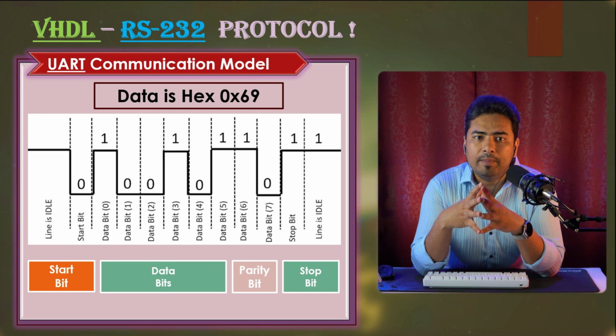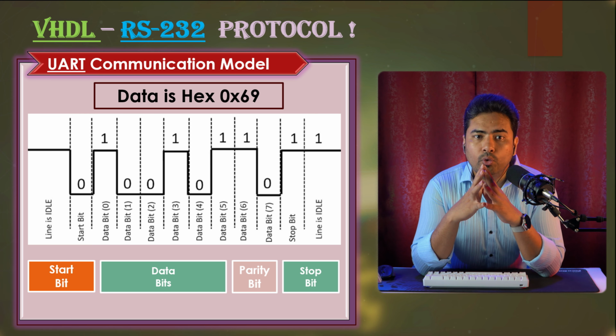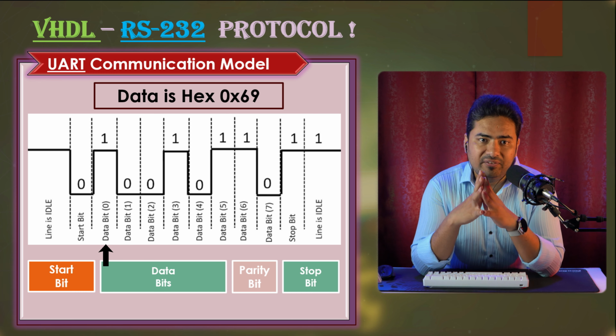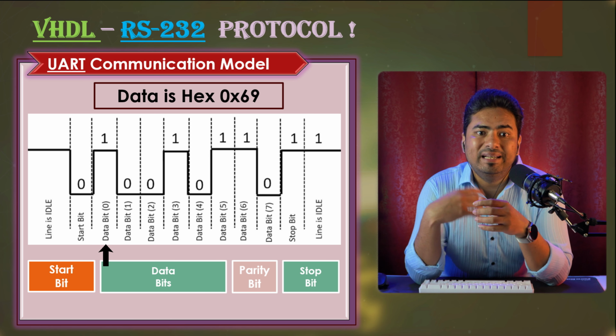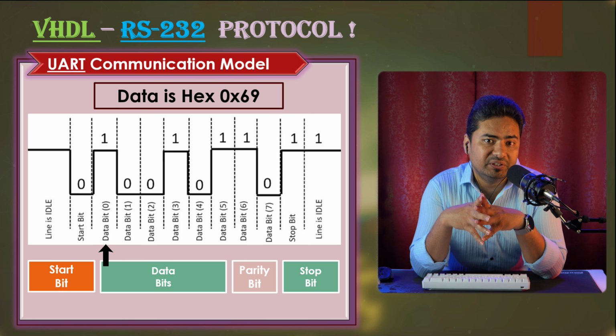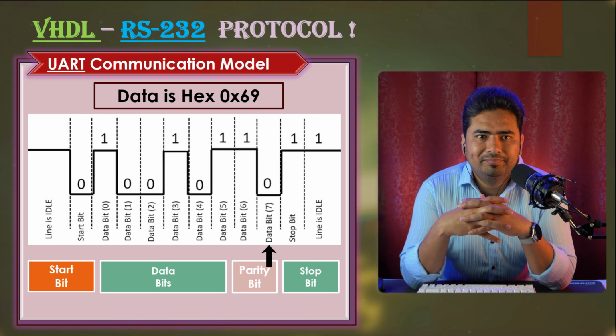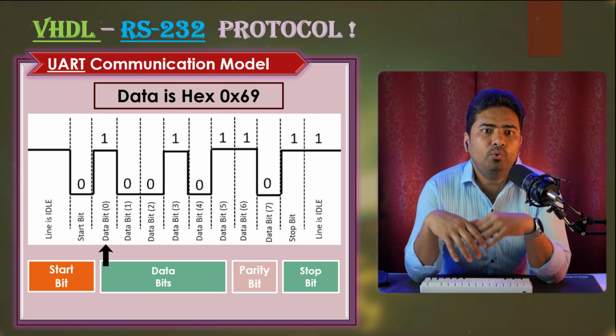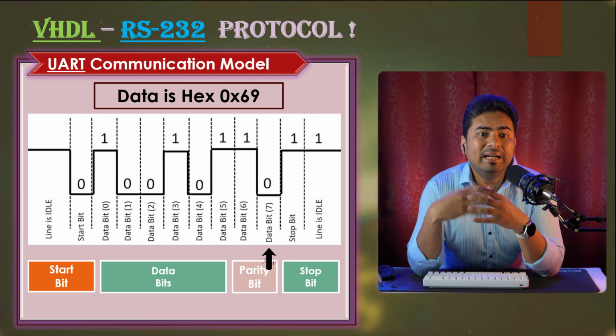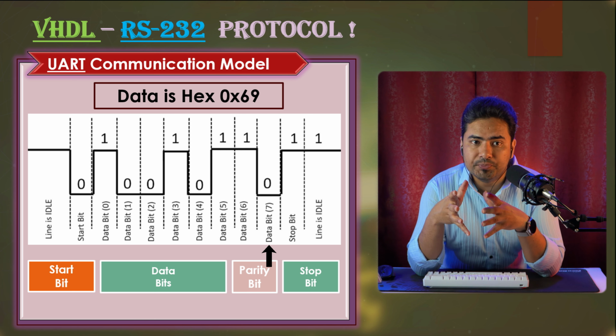Now you need to remember that when you are using RS232 protocol, you always send LSB first. It means your least significant bit will transmit first and your most significant bit will transmit last. That is, bit index 0 will transmit first and bit index 7 will transmit last.